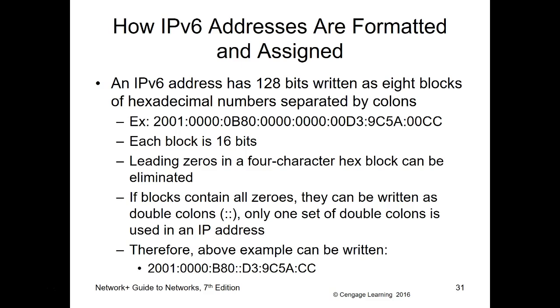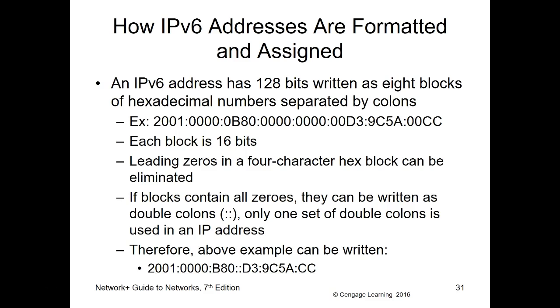And if you notice, they're broken into blocks. Each block is 16 bits long. It's 128 bits altogether. That means there's 8 blocks. There's some shortcuts. If all blocks contain zeros, we can put in double colons.